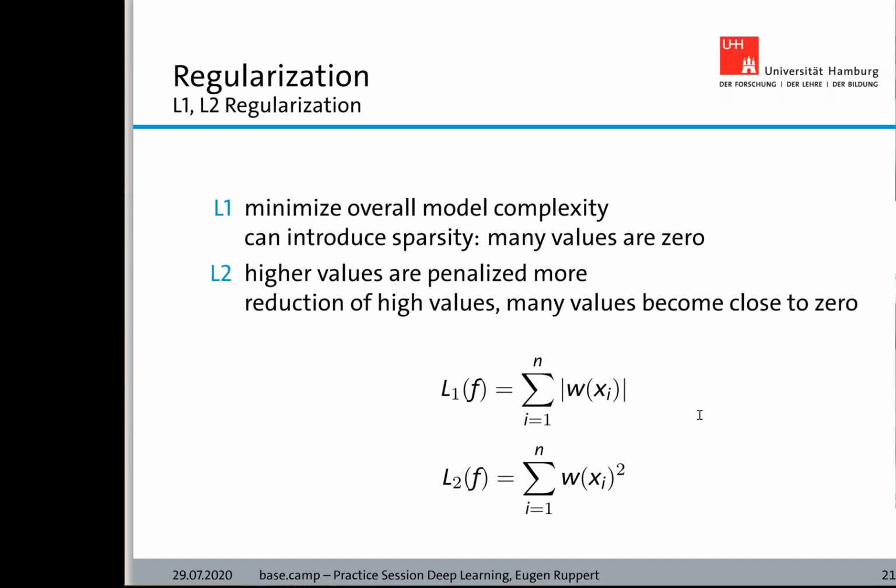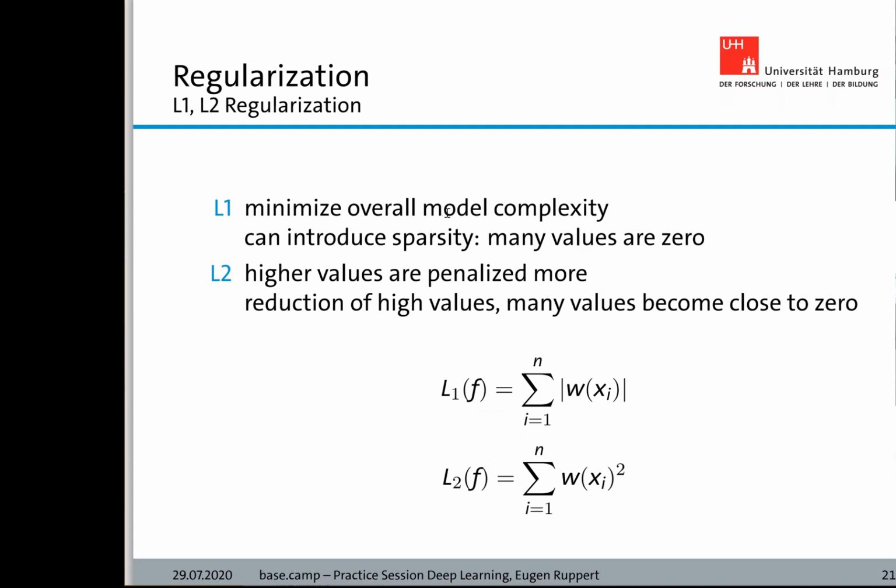L1 or L2 regularization. For L1, you are just summing up the absolute values of your feature weights in your function, and for L2 you sum up the squares of your feature weights.